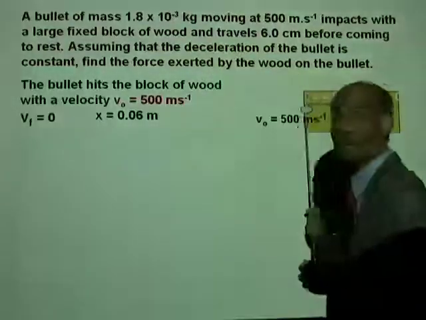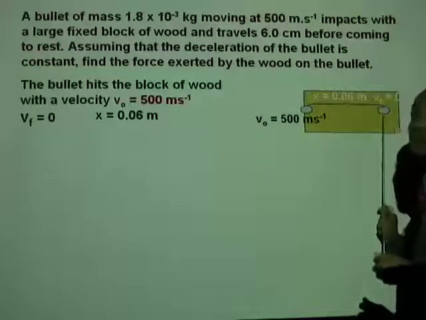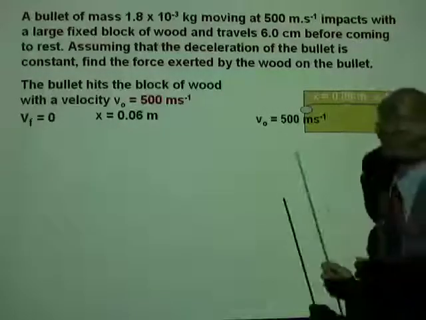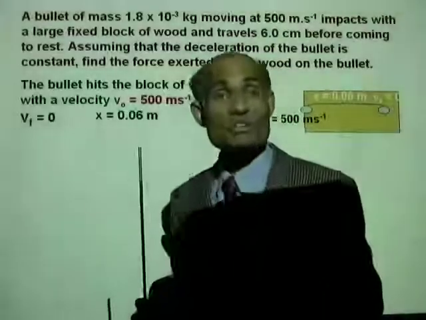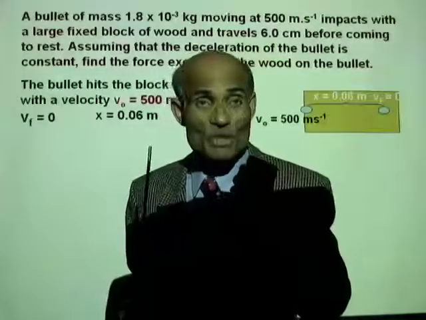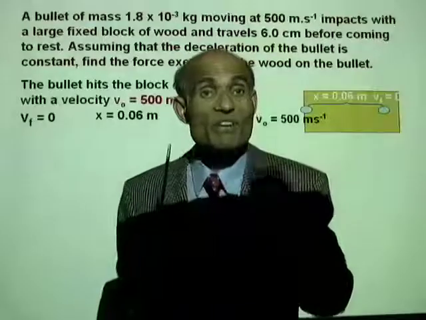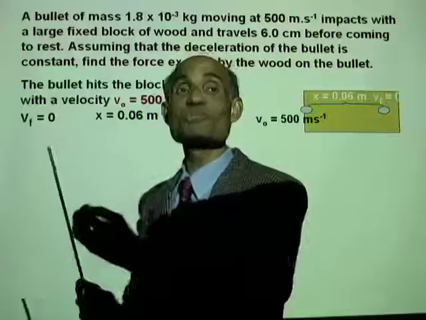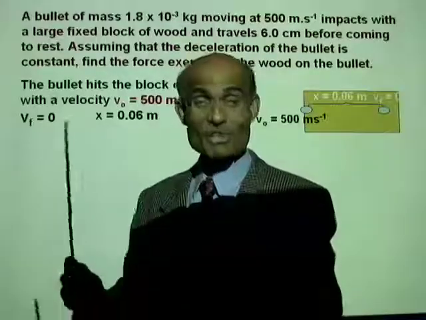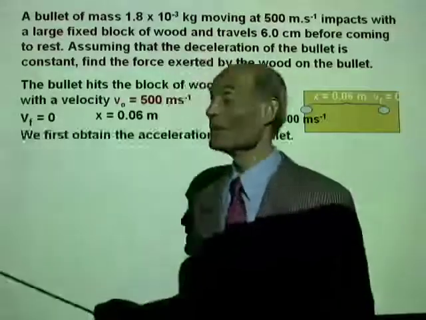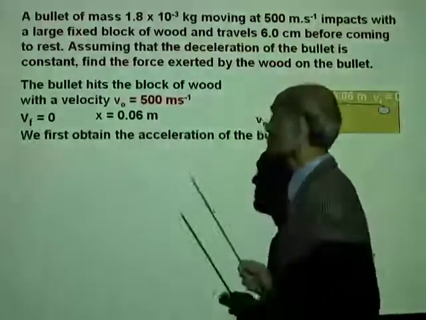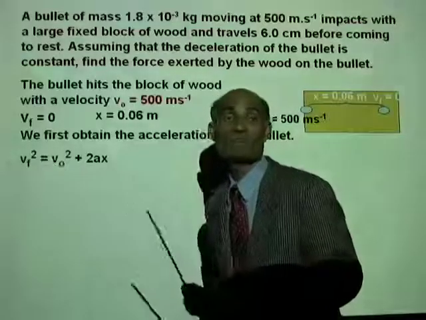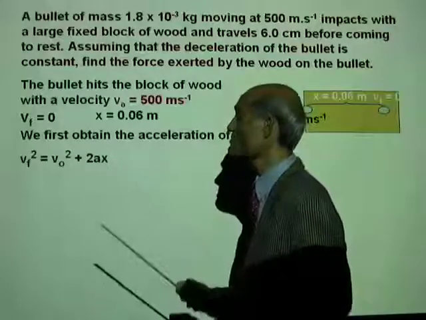We have the initial velocity V0, we have the final velocity Vf, we have the displacement x. The equation that describes that motion is Vf squared equals V0 squared plus 2ax. Is that right? There is no time in there. So first we obtain the acceleration of the bullet from this equation. Vf squared equals V0 squared plus 2ax.